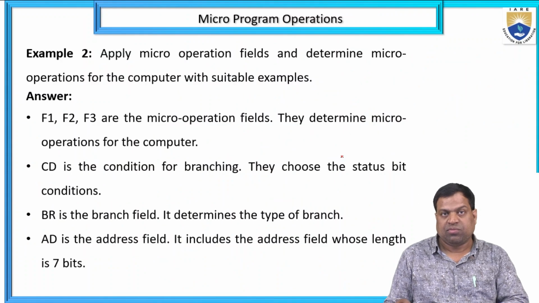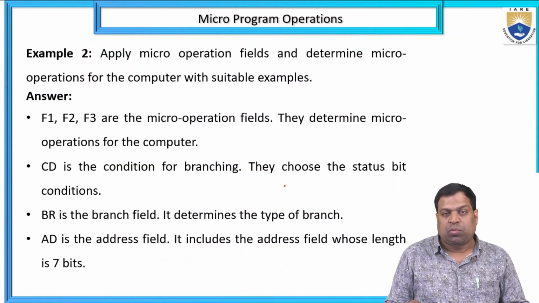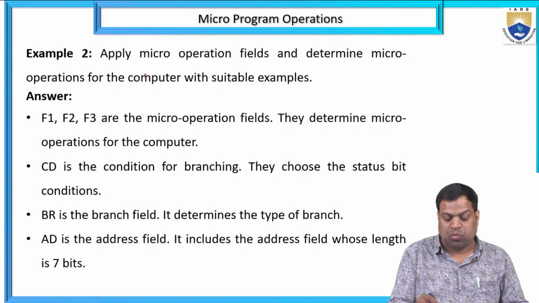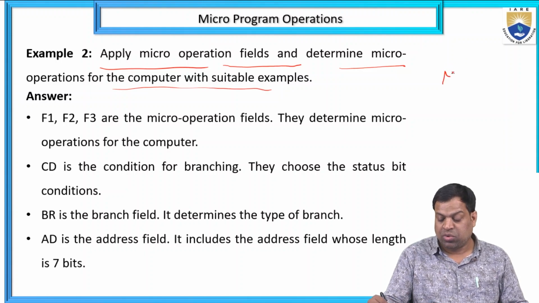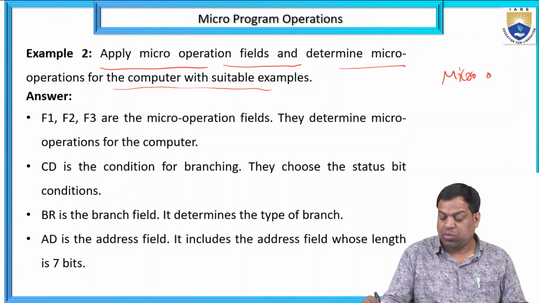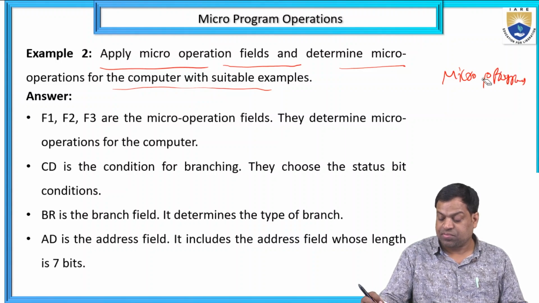Three methods are easy. Another example: apply micro operation fields and determine micro operations for the computer with suitable examples. So I am doing micro program with the micro operations.